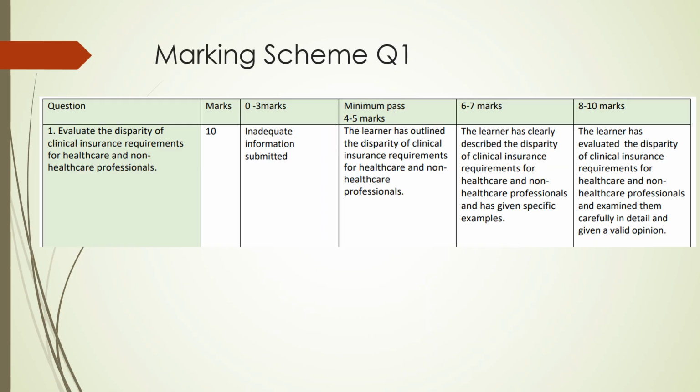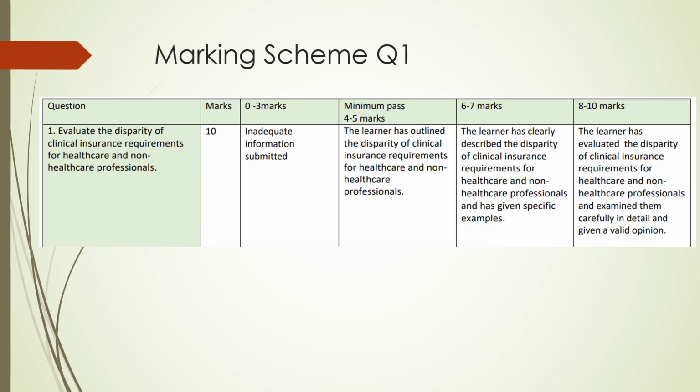So like with previous SAQs, there is a marking scheme for it as well, and you are awarded up to a maximum of 10 points. So it's important to have a look at what your markers are looking for. So remember, we're looking at the disparity between clinical insurance requirements for healthcare and non-healthcare professionals. So you need to, for a minimum, have outlined.